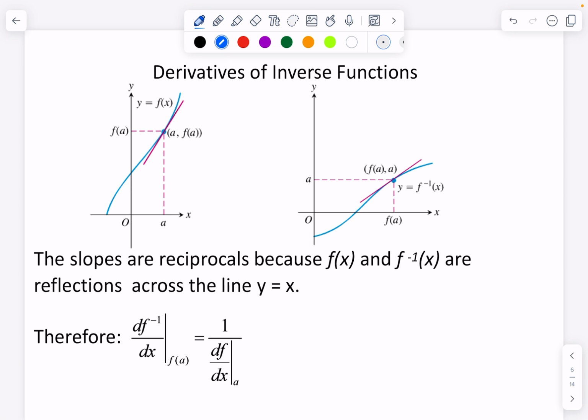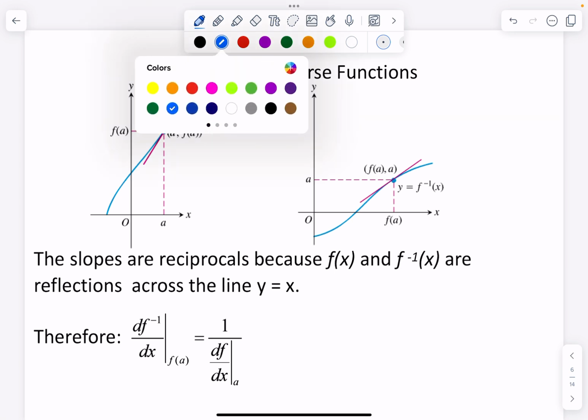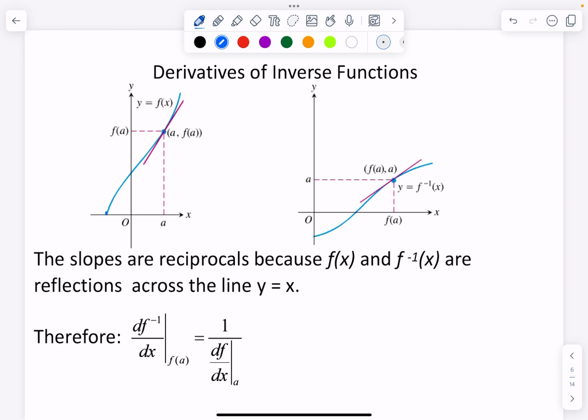So I have my curve here. Notice this curve is what we call 1-to-1, passes our horizontal line test. And then I have my little tangent line there. Now when I switch my x and my y, oh look, my curve looks a little different. It's flipping my x's and my y's, but my tangent lines are reciprocals because you're flipping across the line y equals x.